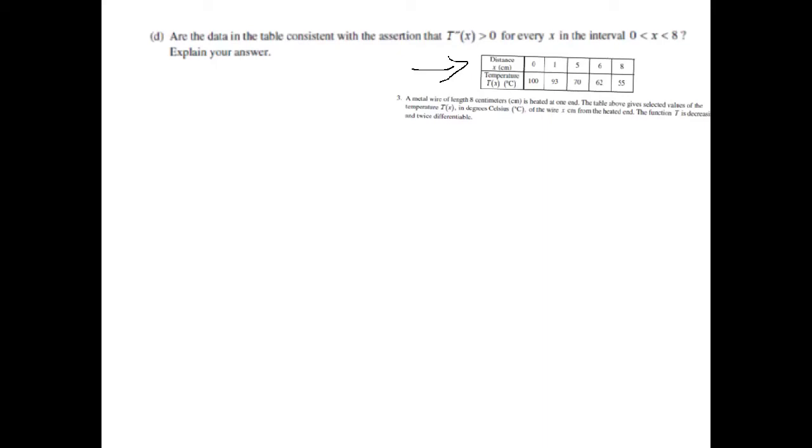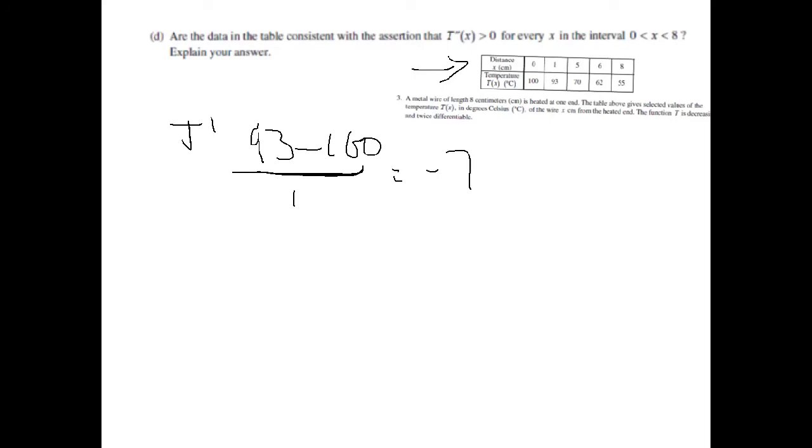So if I try to estimate T prime over the interval 0 to 1, 93 minus 100 over 1. So the slope of the tangent line, or T prime, over that first interval is negative 7. And then I look at the other intervals.